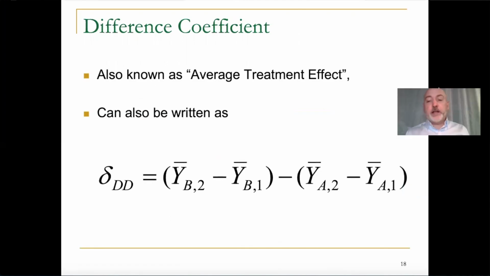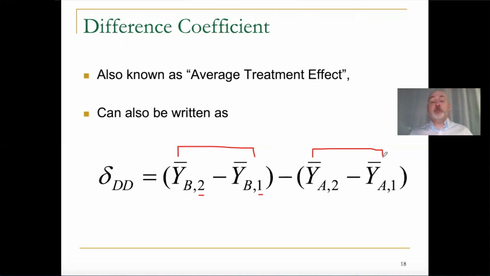We can rearrange those terms in the calculation we just saw to get another version that also makes sense. It's the pathway for the treated group between period 1 and period 2: how much does their GPA increase between period 1 and period 2 versus that path for the control group?